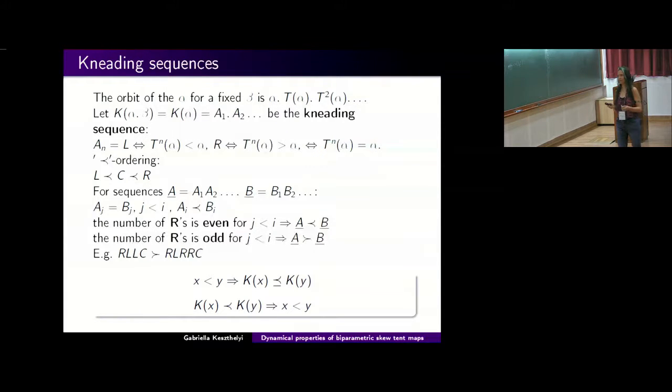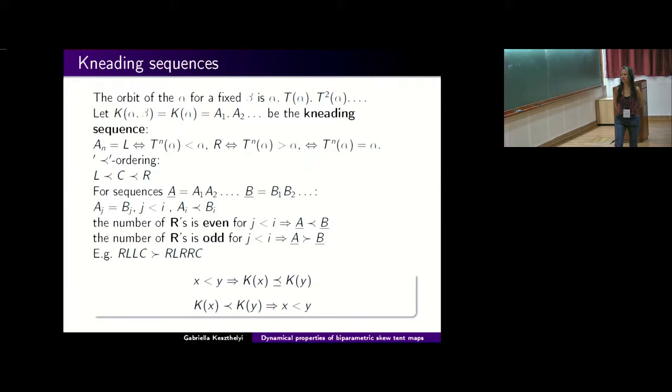If we have two sequences, we can compare them. Let's take the part until they are equal, for example, until the jth letter, and then compare the next one. We have to calculate how many R's are before it in the sequence, and if this number is even, then it will preserve the ordering, and if it's odd, it will reverse.